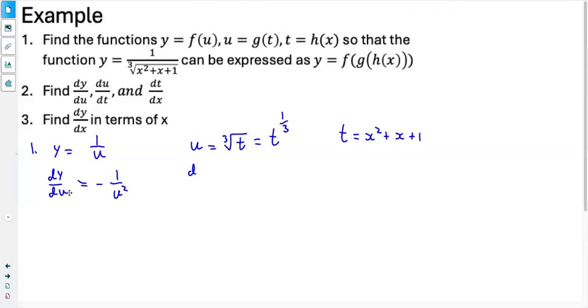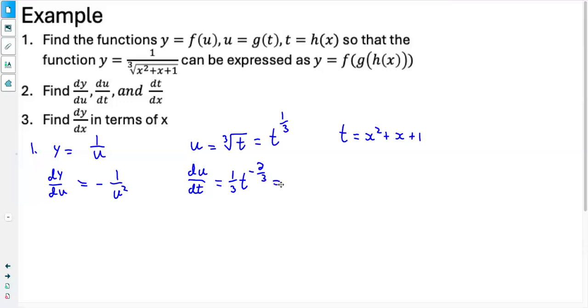Next, we've got du, and then it's in terms of t, so du over dt is equal to essentially the derivative of this, so we'd move the 1/3 in front, subtract 1, so t to negative 2 over 3.